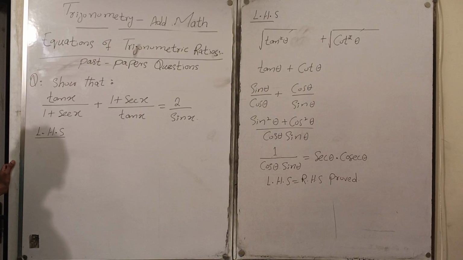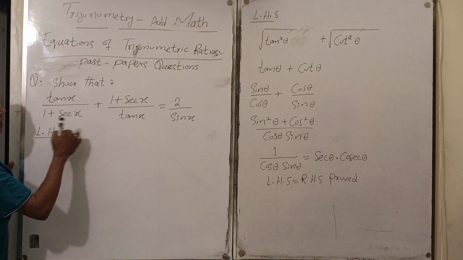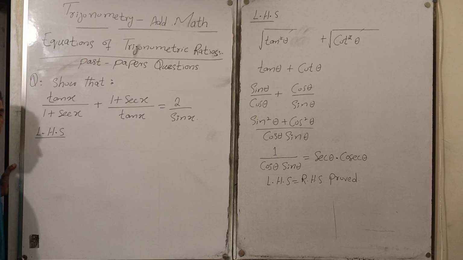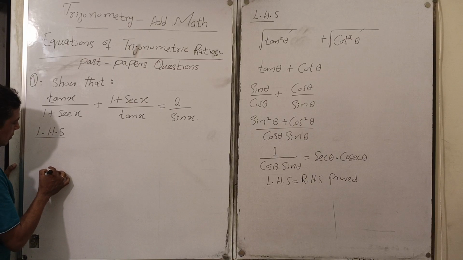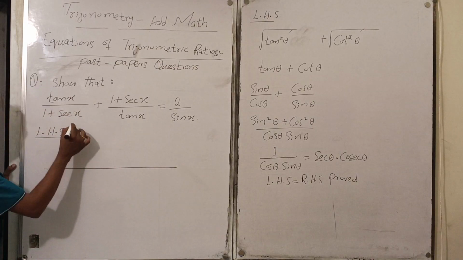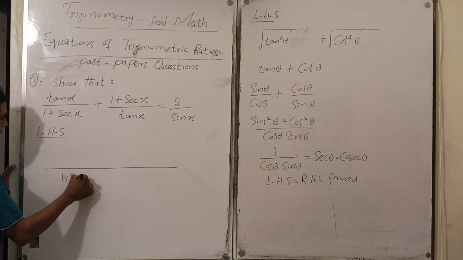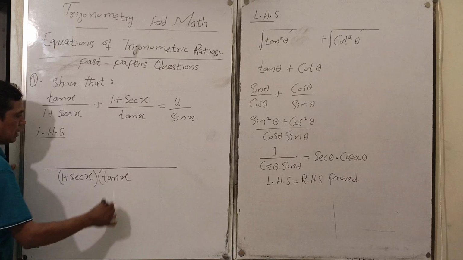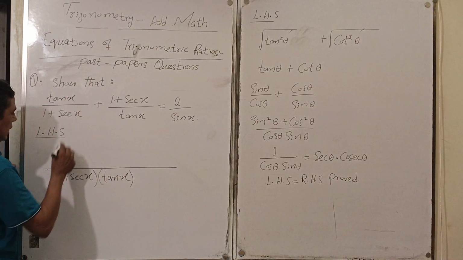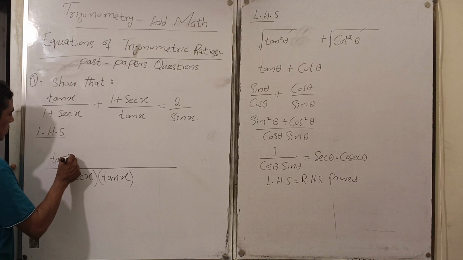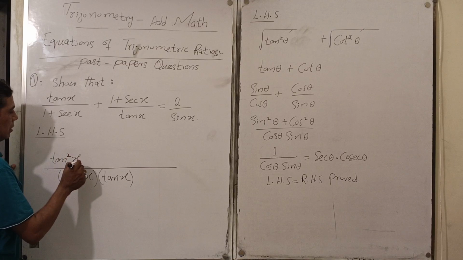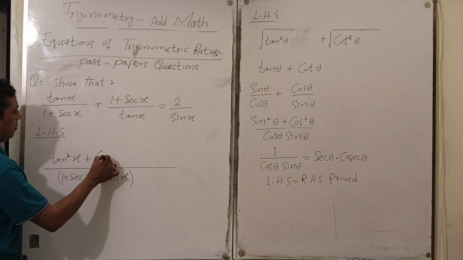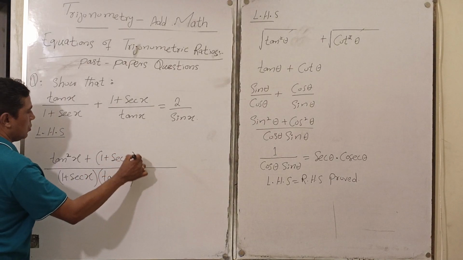What you need to do is take the LCM. After taking the LCM, you will have 1 plus sec x into tan x, and this tan x is tan square x, plus this one is 1 plus sec x whole square.